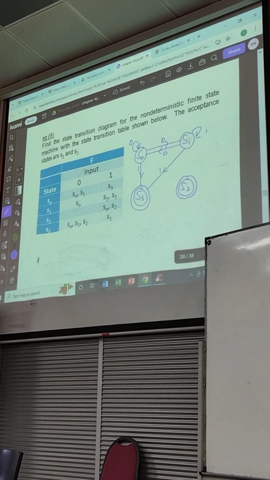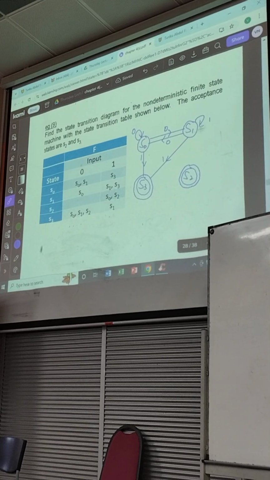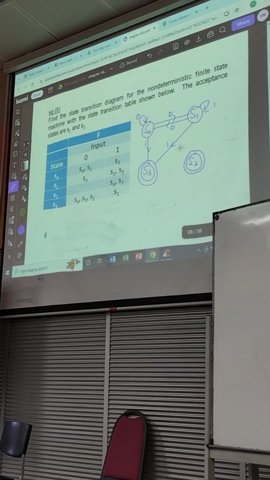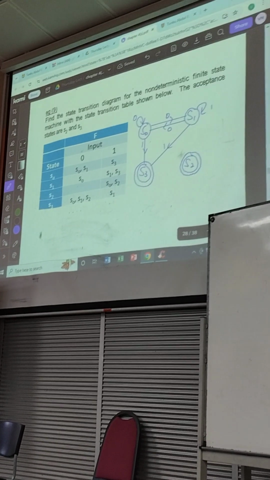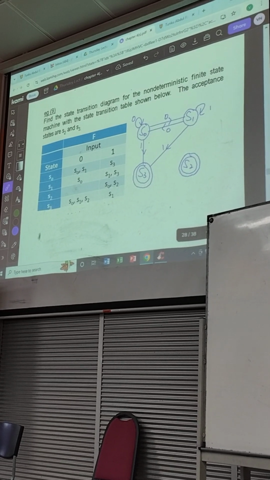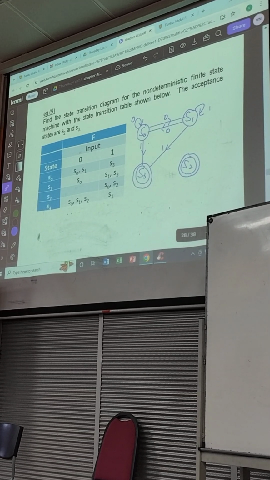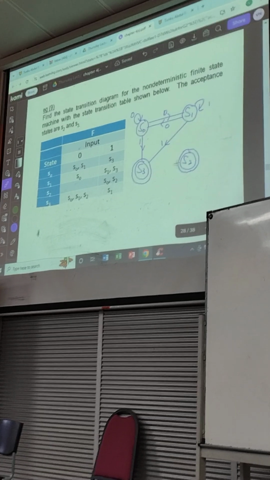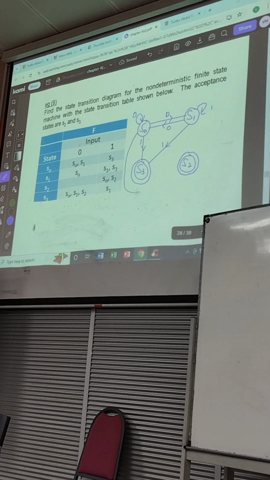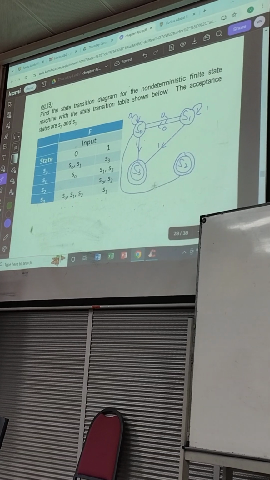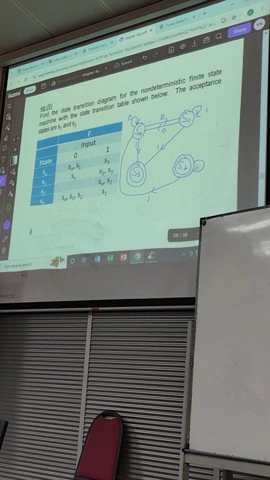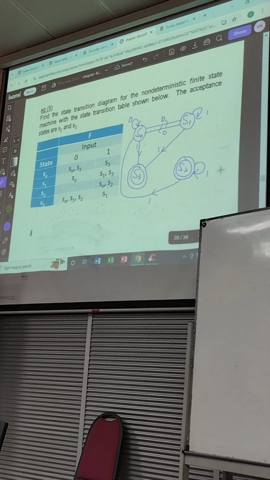So S1 has 2 input 1. For S2, input 0, nothing here. So S2 doesn't have input 0. Then input 1, S2 will go to S0. This is 1. Or go back is input 1 also.